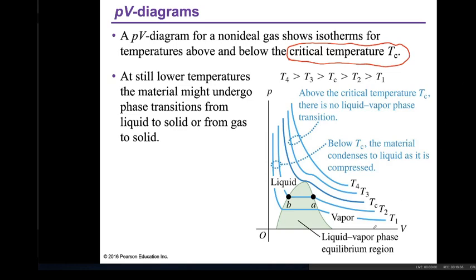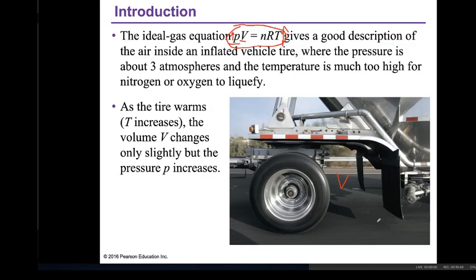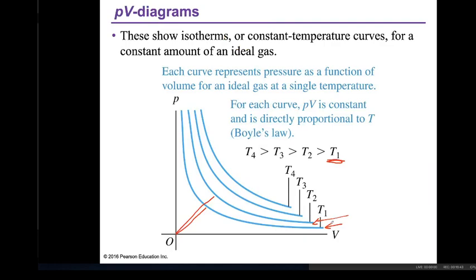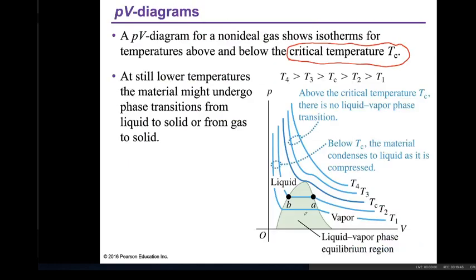Okay, so here, let's see. For an ideal gas, we see the PV curve is something like that. However, in a real case, for a real material, the PV curve is shown in this way. For example, when you have a certain amount of, let's say, gas, and the T is a constant at T1, if you try to increase the pressure, then the volume is getting lower.